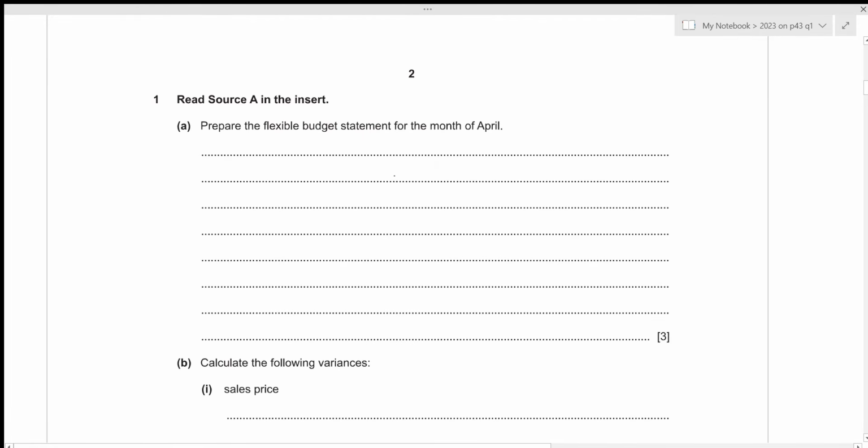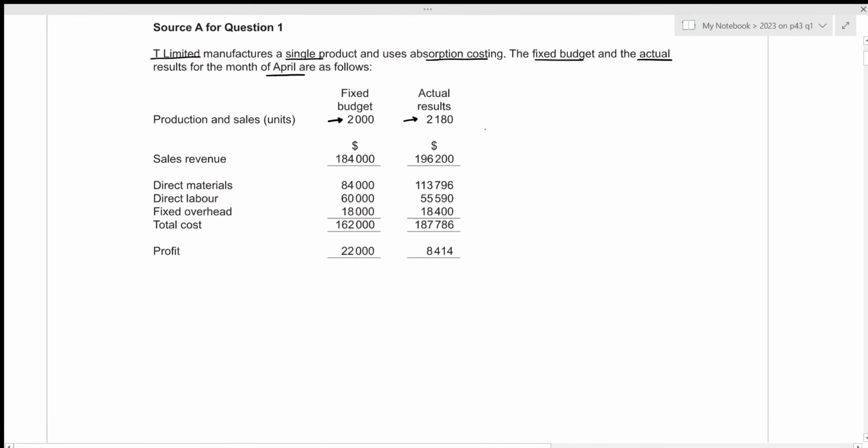Now for the first part of this question, we need to prepare a flexible budget statement for the month of April. Okay, we have our statement for the fixed budget as well as the actual results.